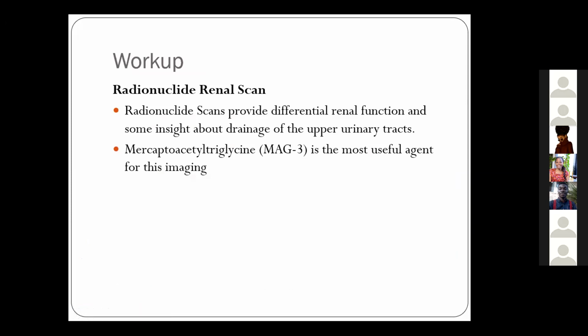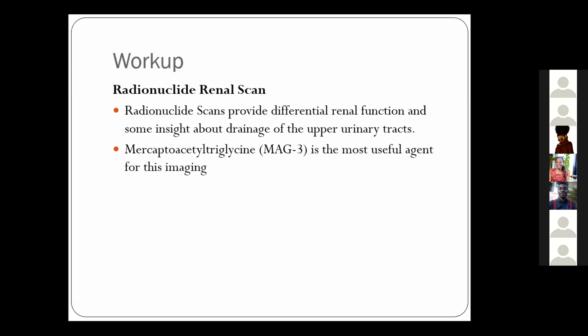So again, the radionuclide renography or the renal scans are very important because they provide differential renal function, and they also give some insight about drainage of the upper urinary tract. In particular, mercaptoacetyl triglycine (MAG3) is a more useful agent for this study.